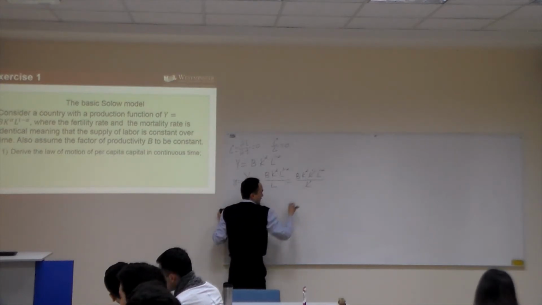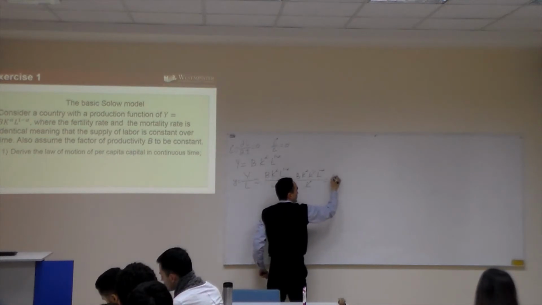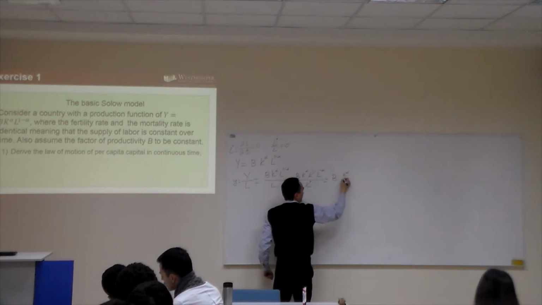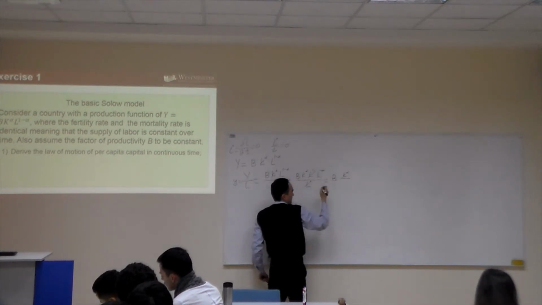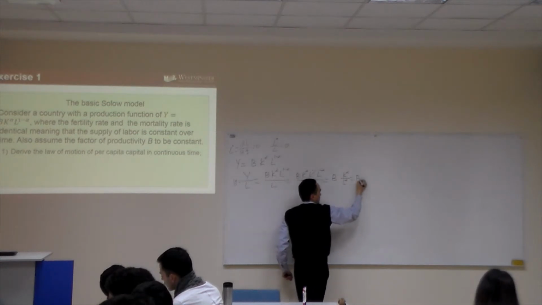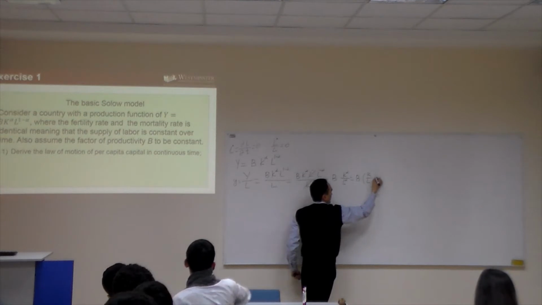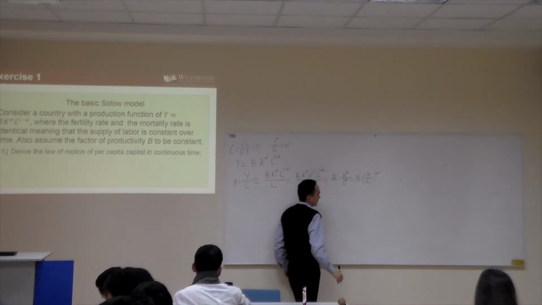So if you cancel out these two, you will get technology times capital to the power of alpha over, because it has minus, labor to the power of alpha, or technology times capital over labor to the power of alpha.